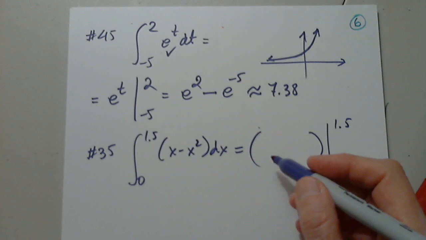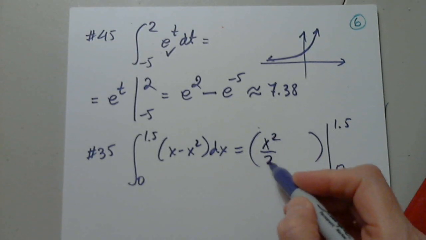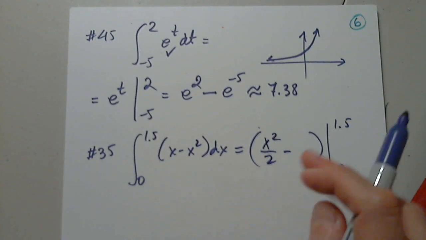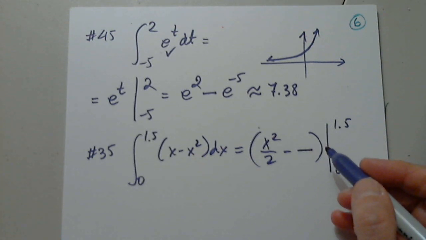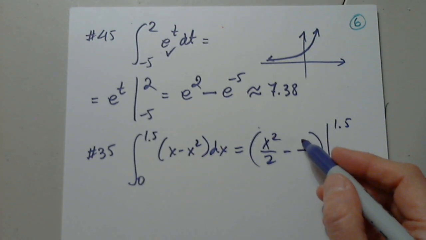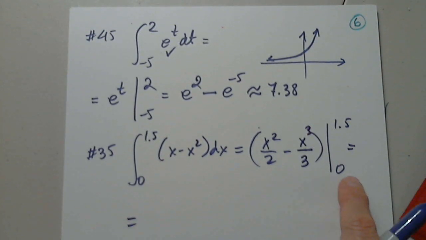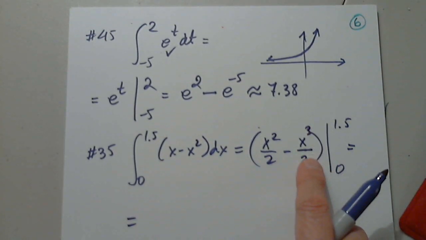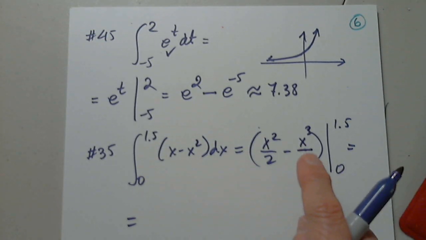Please. X squared over 2. Thank you. Minus which function prime is x squared? Very good. Luckily, it's a polynomial, and when I plug in 0, everything is 0. So I don't need to at all because it's a polynomial.